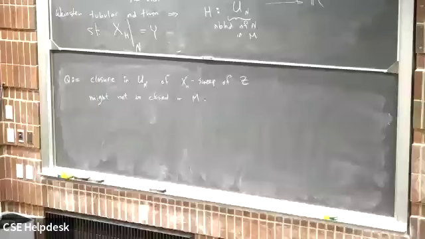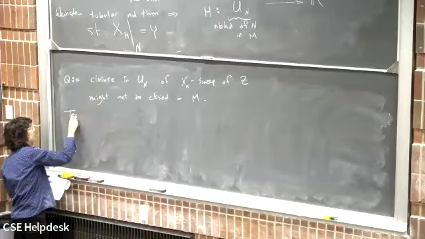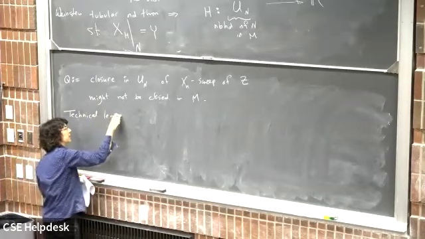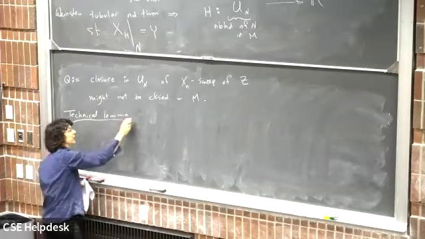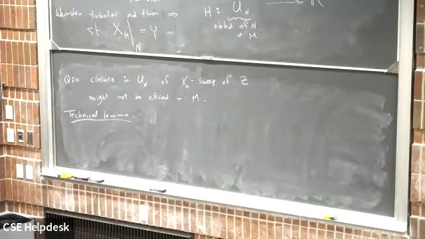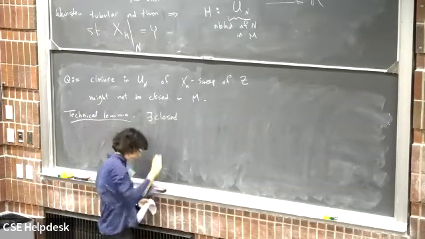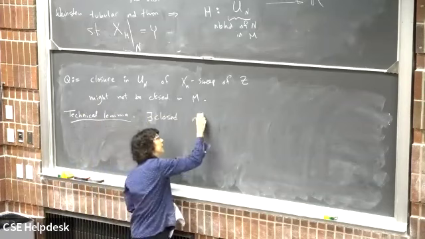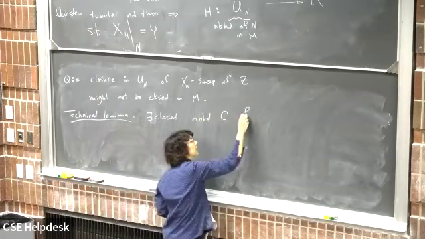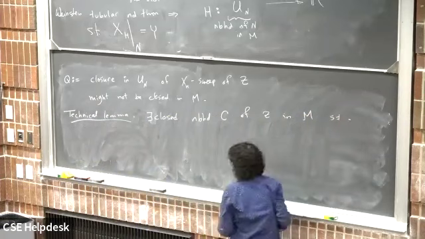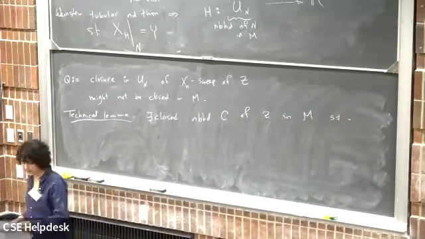So now comes a technical lemma. That's kind of where the heart of the challenge is. There's a very cute argument for how to finish once we achieve the technical lemma. The technical lemma is that you can actually find a closed neighborhood C of Z in M that has the following properties.